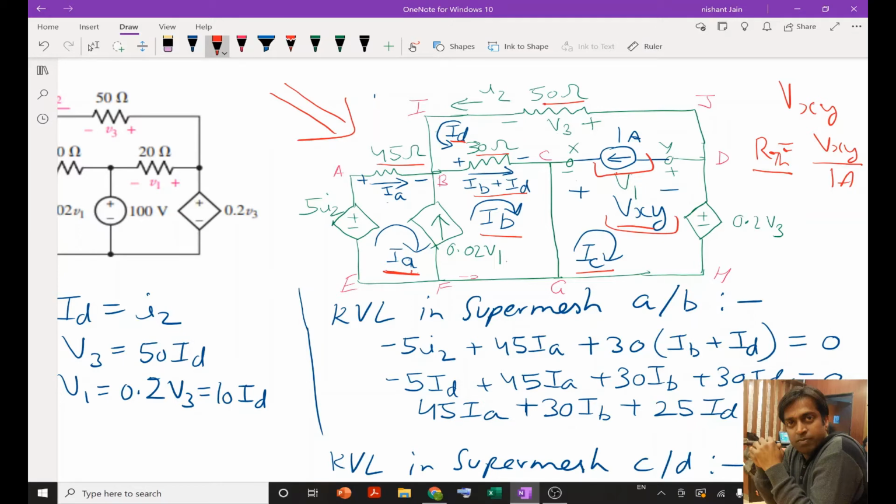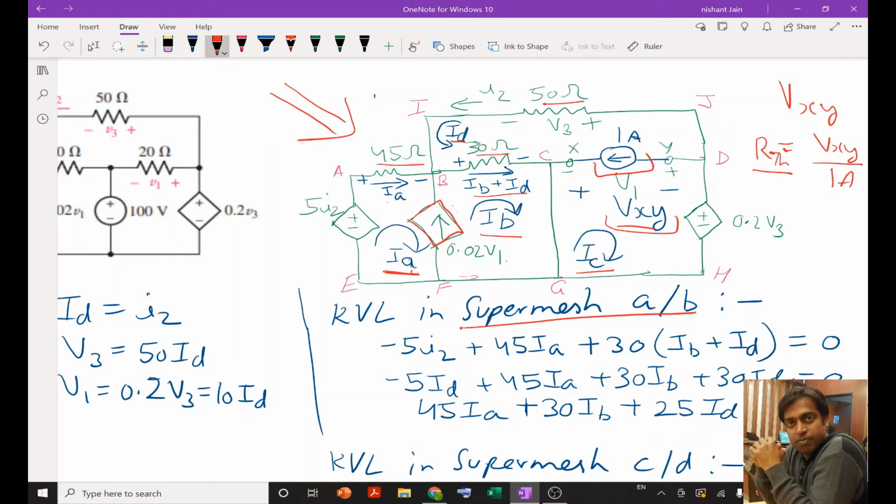So now if I want to write the KVL for loop A, since loop A and loop B involve this dependent current source, due to the presence of a current source, we cannot apply the KVL in these particular loops. So in this type of case, we combine the two loops to form a super mesh. So we are going to create a super mesh between A and B, and write a KVL equation for that.